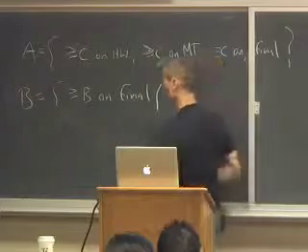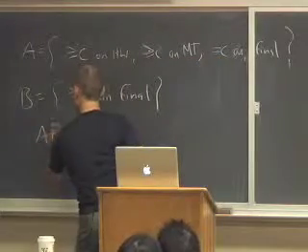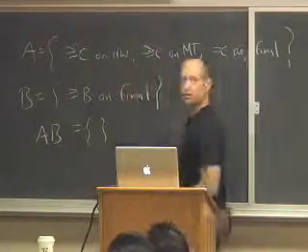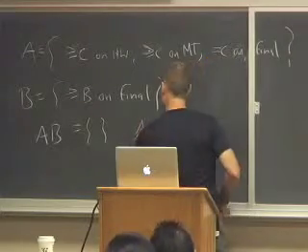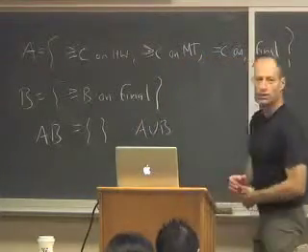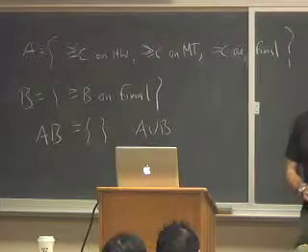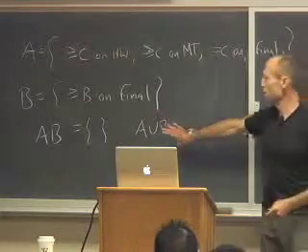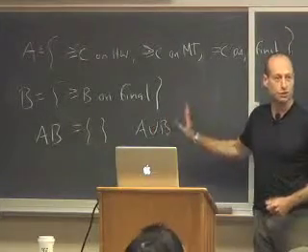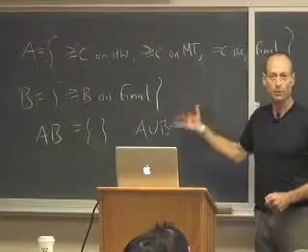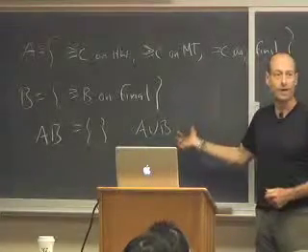Now A intersect B is empty, they're disjoint, and A union B is all the ways that you can pass the class. So we've partitioned the event passing the class into two disjoint pieces. We can find their probabilities separately and add them to find the probability that we pass.